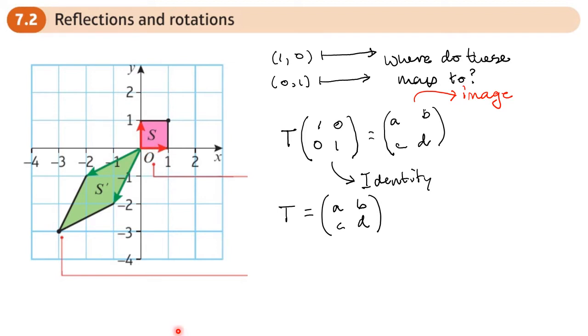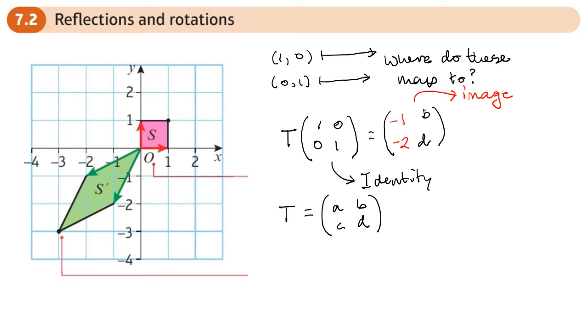So for example, if the point 1, 0, the first column in this matrix, ended up at -1, -2, I'll write that down. So this is where 1, 0 has gone. If it's gone to that green line at the bottom, it's gone to the point -1, -2.